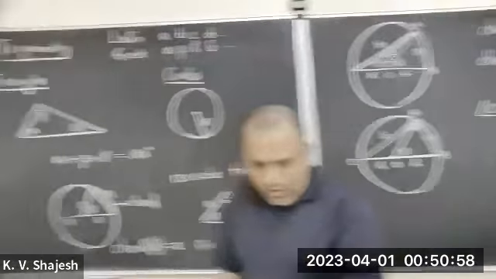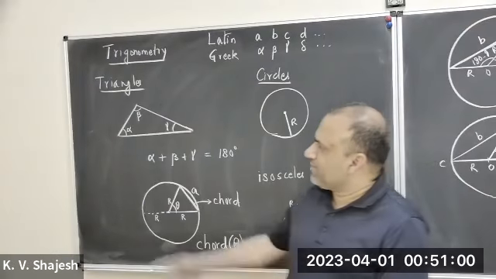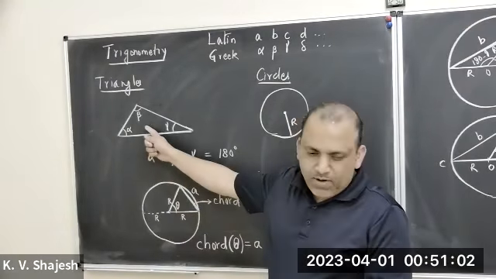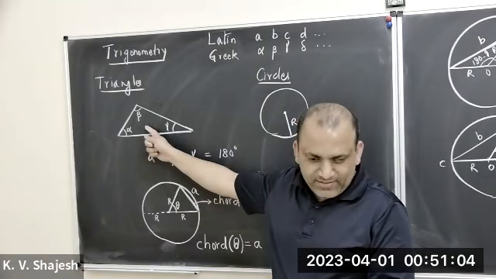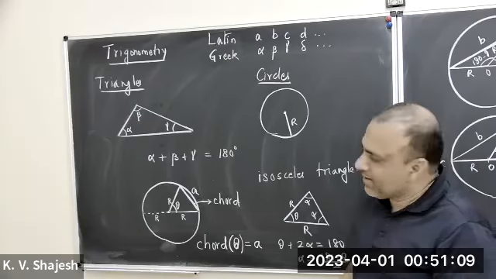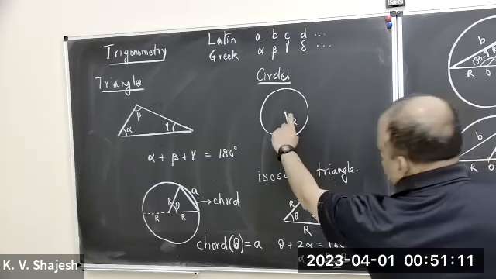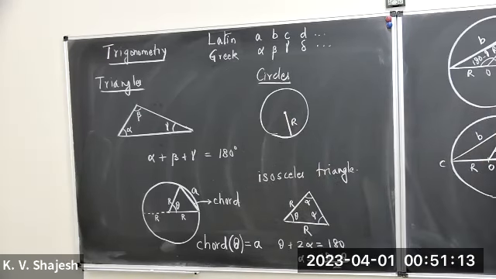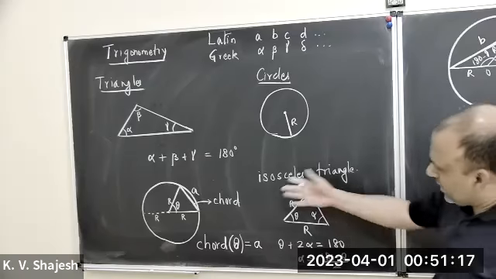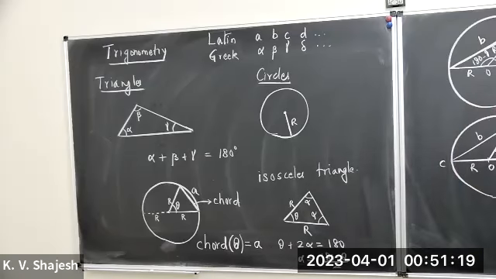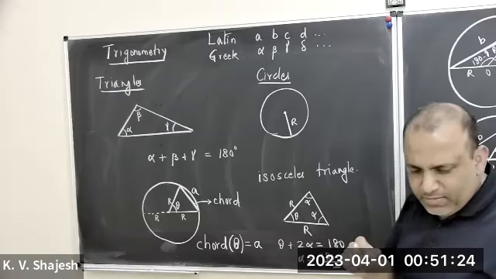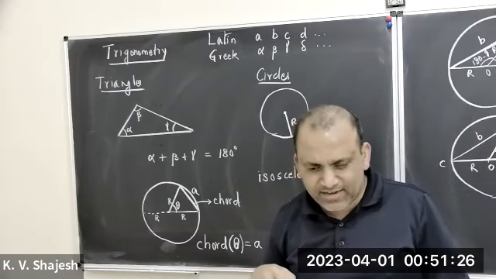The only things I can use at this point are that the sum of angles is 180 degrees, the circle is 360, and that all the points on the circle are at a distance R. Isosceles triangles we can use, and you can use the Pythagoras theorem, but first we should know it's a 90 degree right triangle.